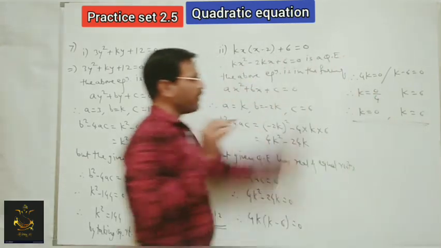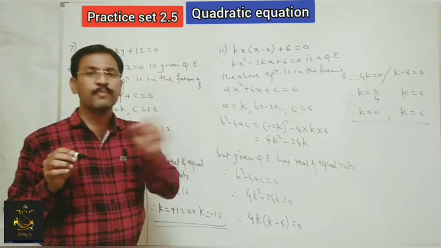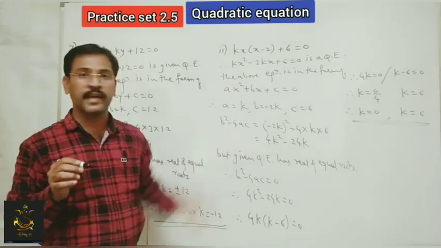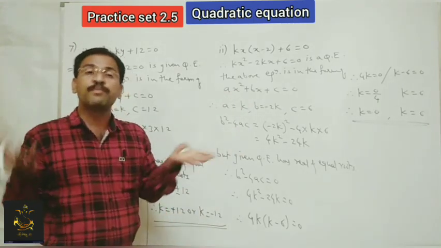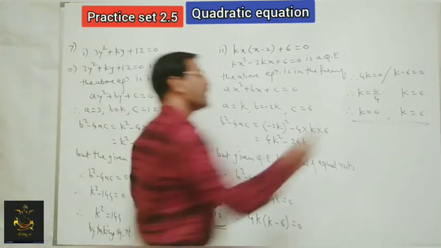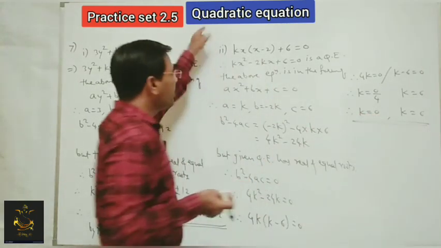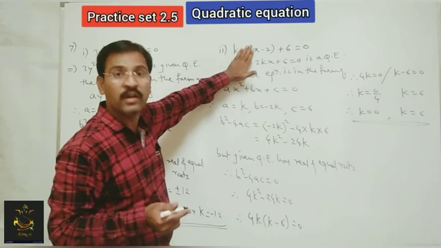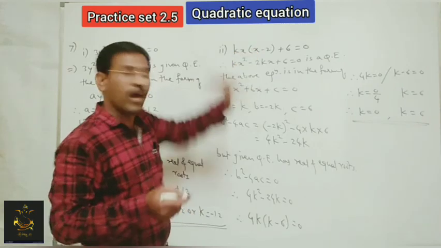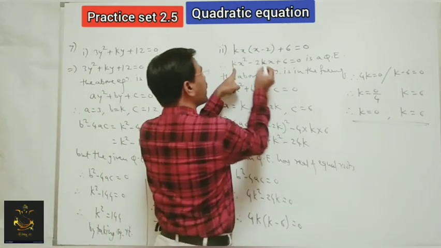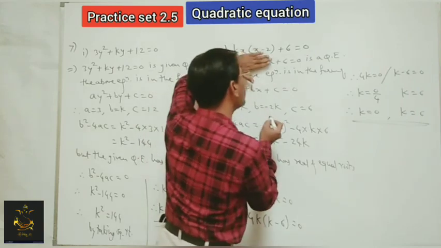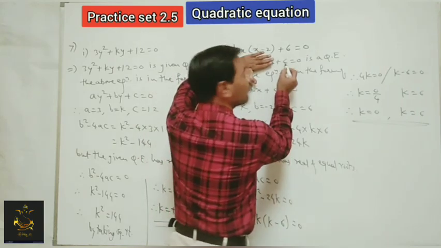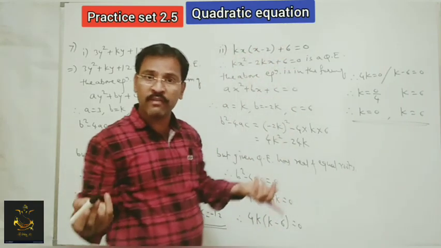But look friends, whenever two values of k come, try to check which is possible or not. If we put k equal to 0, then this is not a quadratic equation. Or if we put k equal to 0, then both these terms get cancelled and we get only 6. But are 6 and 0 equal?